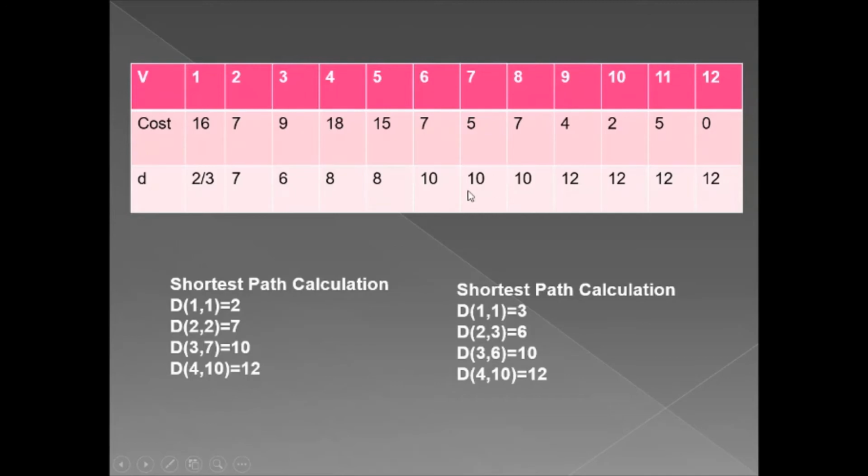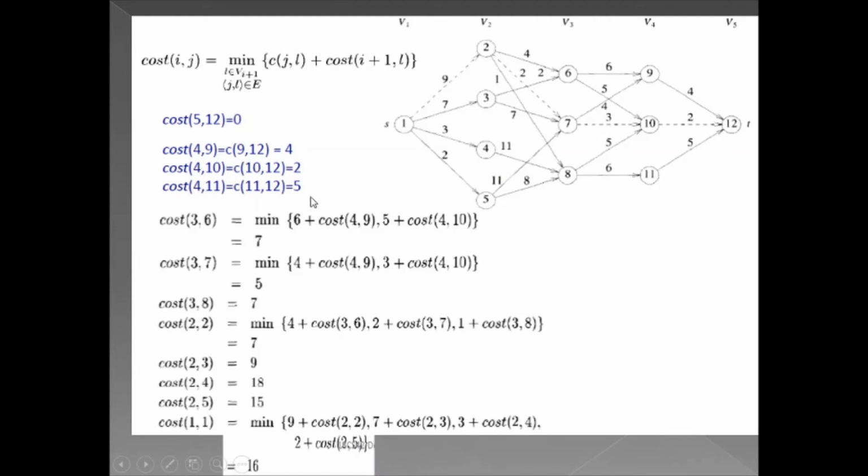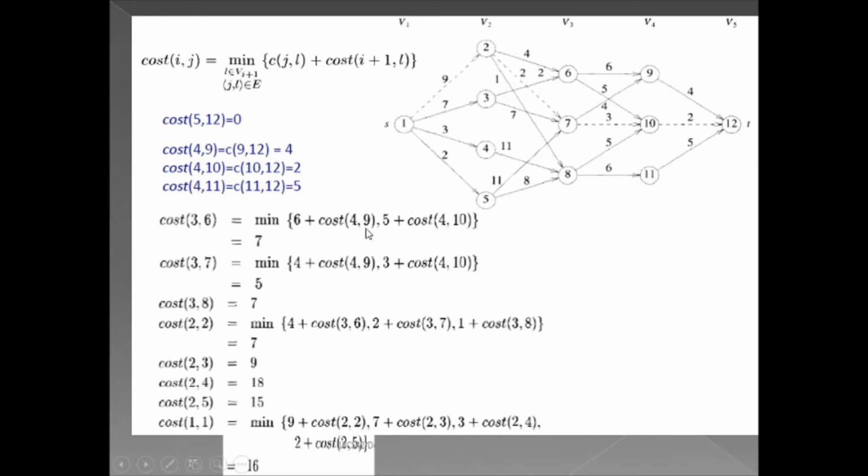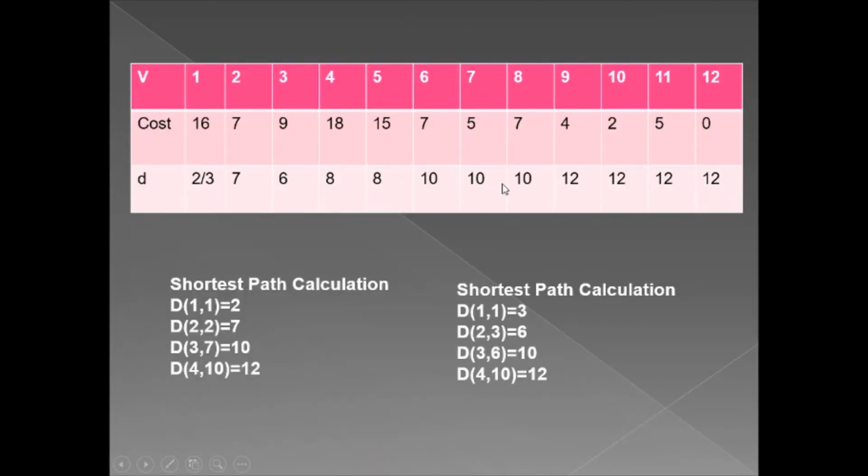Here some of the entries you can see are different from 12. Why? Because just observe node numbers 6, 7 and 8: we have got 7, 5 and 7 as the minimum costs. Because of vertex number 10, vertex 6 has got the minimum weight, hence we write 10 here.